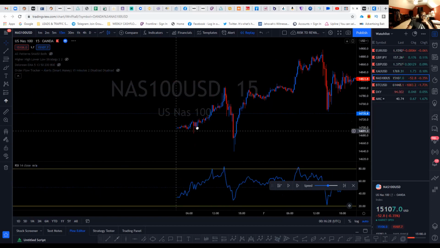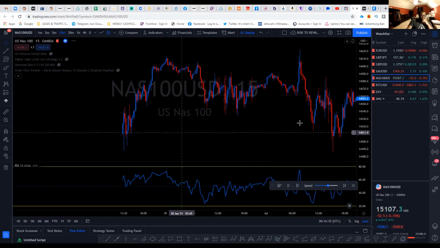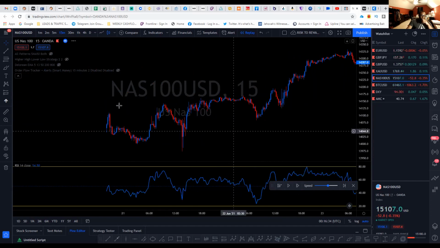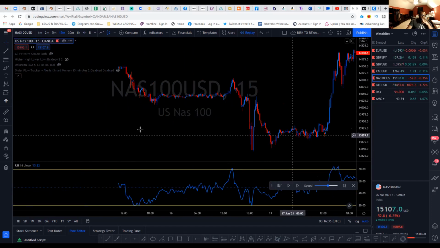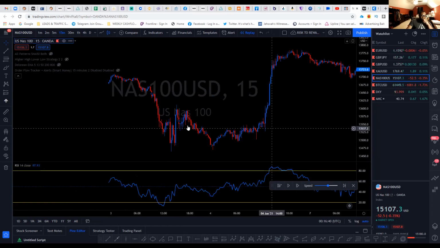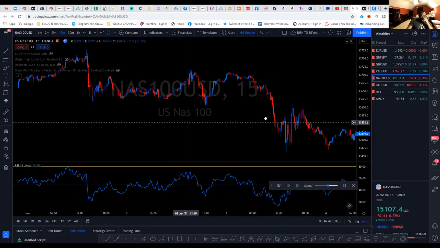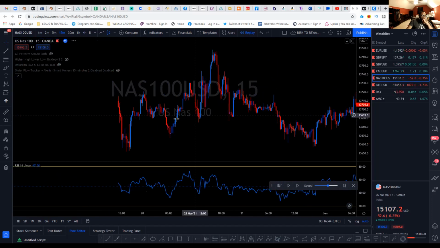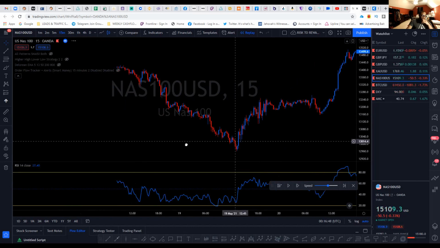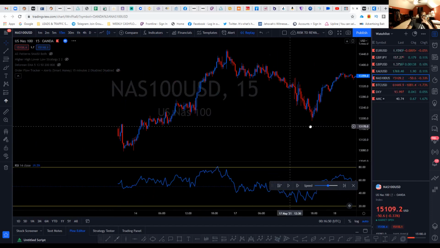If I'm on a 15-minute time frame, it takes 15 minutes for each candle to open. Okay, if that makes sense. 30 minutes for the next candle to form, 1 hour, and so on and so forth. You get the concept.